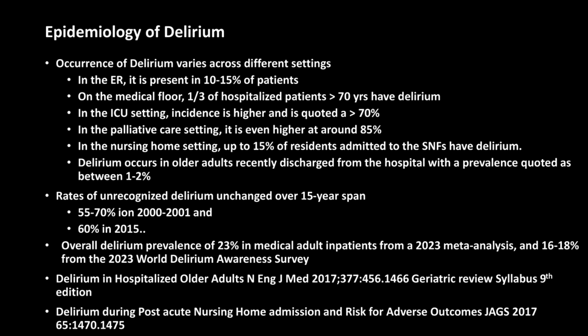Despite education on this topic, rates of unrecognized delirium were 55 to 70% in 2000 to 2001 and 60% in 2015. Persistent high rates of unrecognized delirium exist, up to 70%, despite awareness efforts. This updates the older statistics, for example, 2017, and highlights ongoing challenges.